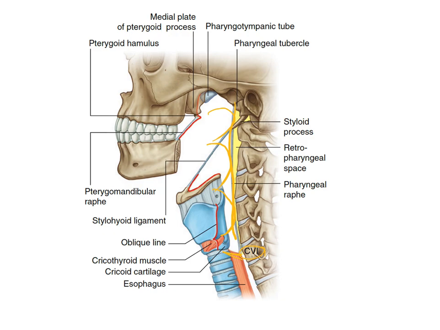But most importantly here, it indicates the retropharyngeal space. This space is behind the muscles, as you know, between the buccopharyngeal fascia and the prevertebral fascia. This is the retropharyngeal space.